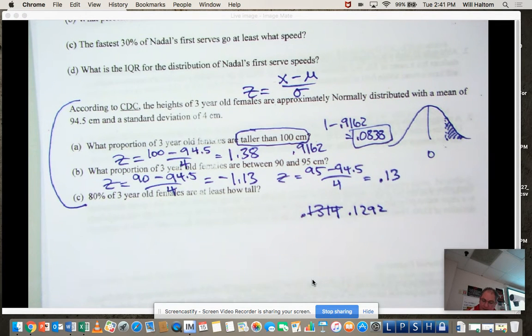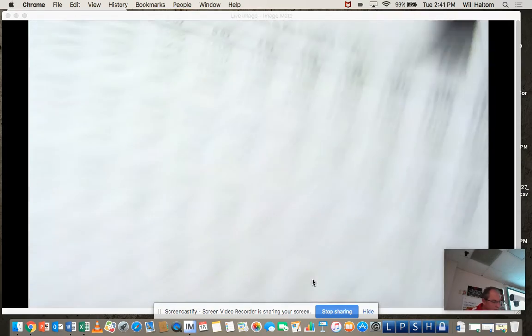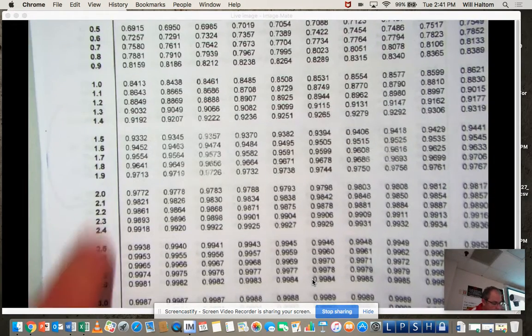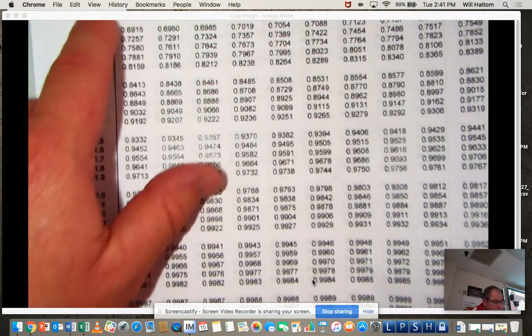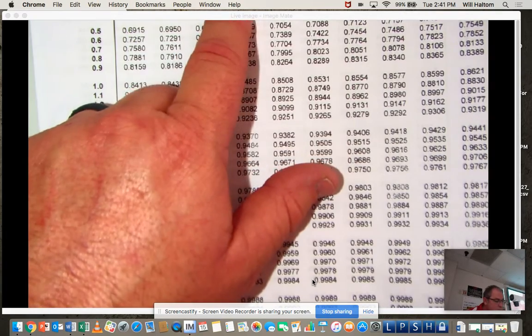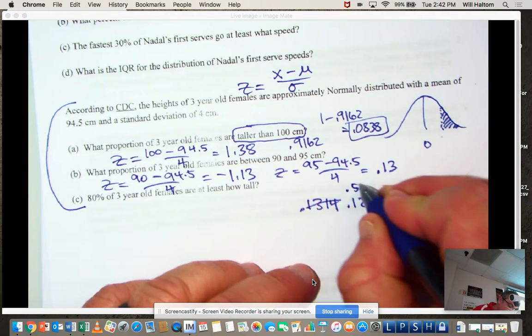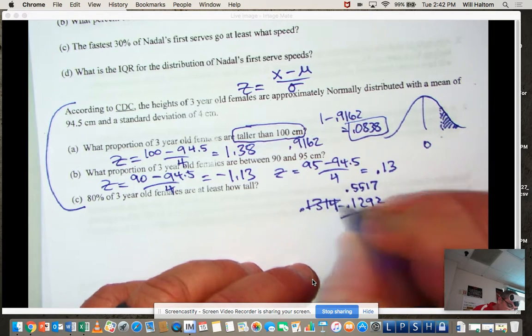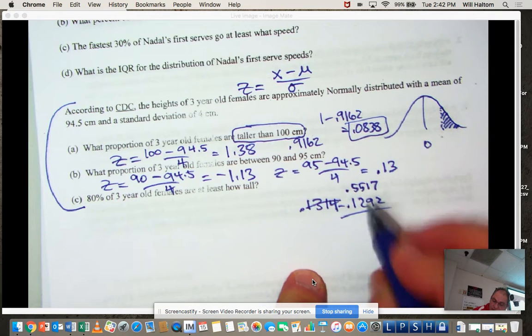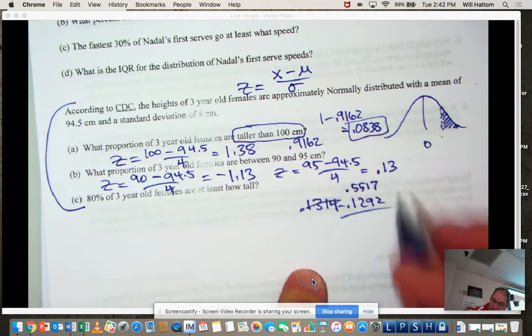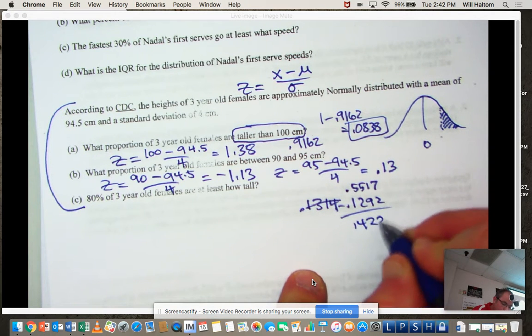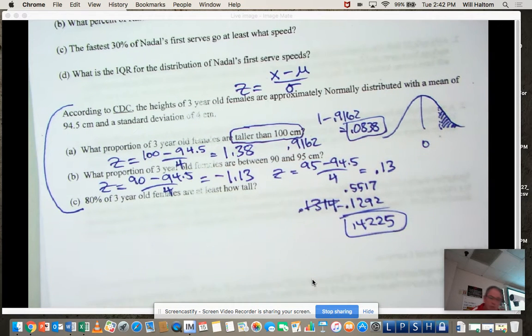And then look up 0.13, which is 0.5517. Subtract those two and I'm going to get 0.4225.